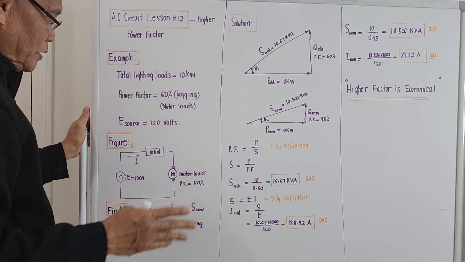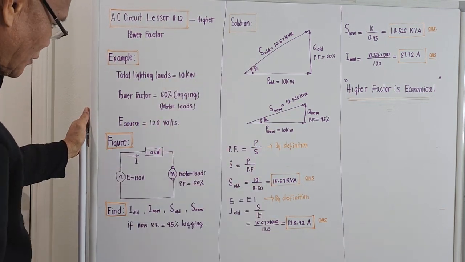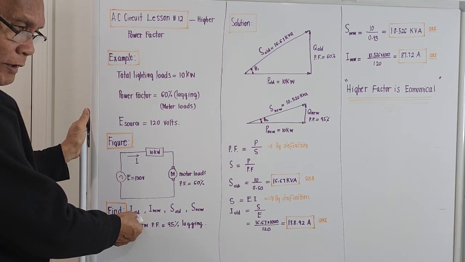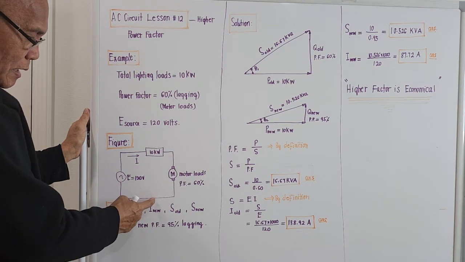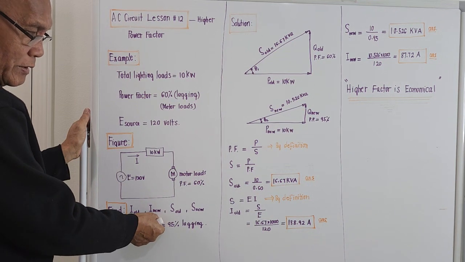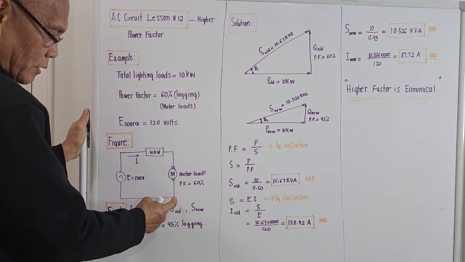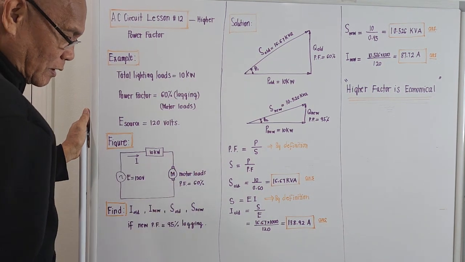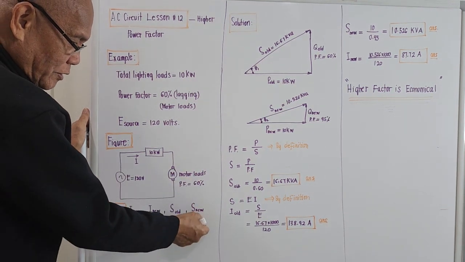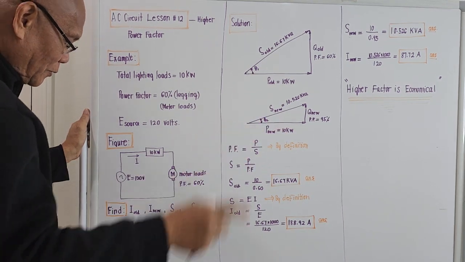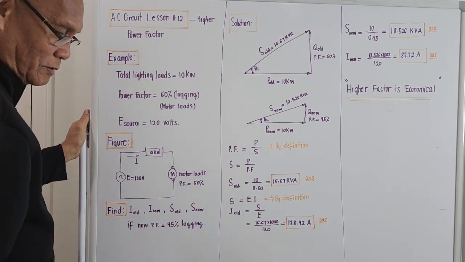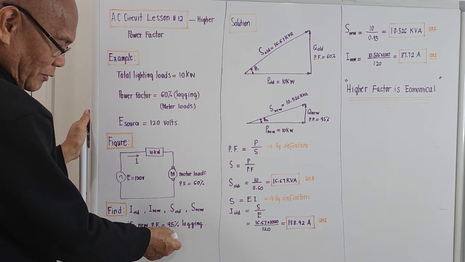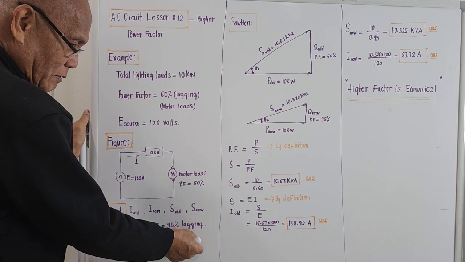The problem is asking for I with the subscript old, meaning the old current, I with the subscript new, meaning the new current, S with the subscript old, the old apparent power, and S with the subscript new, the new apparent power, with the given condition. The condition of the problem is that the new power factor is now 95% lagging.